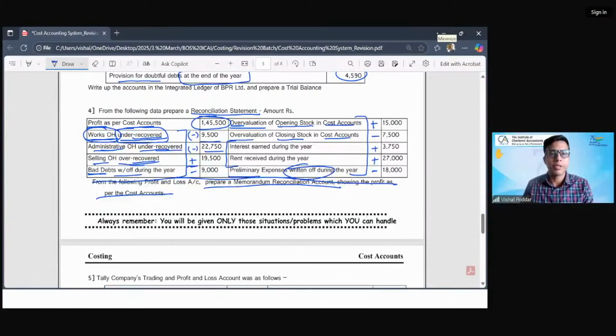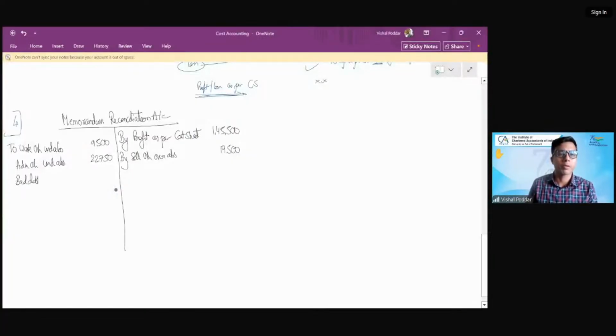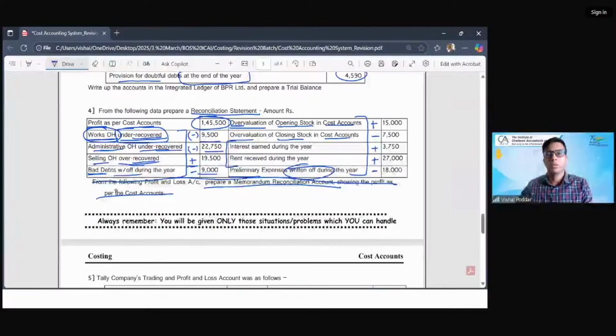Debts written off. I have to subtract it, so I'll put it on the other side. Then overvaluation of opening stock 15,000, add, so I'll put it on the same side.